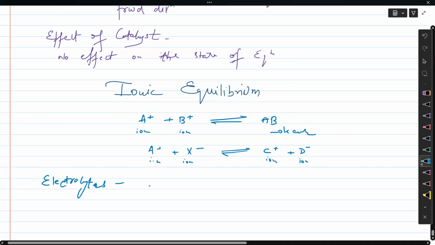Substances which conduct electricity in molten or aqueous state.